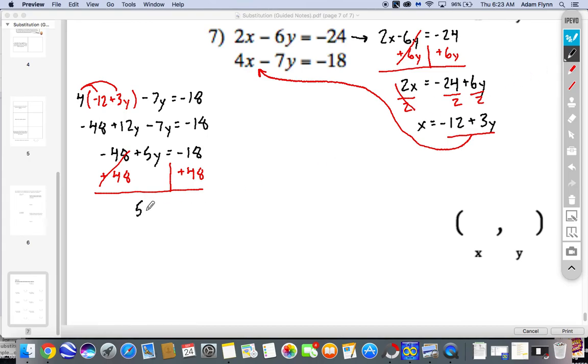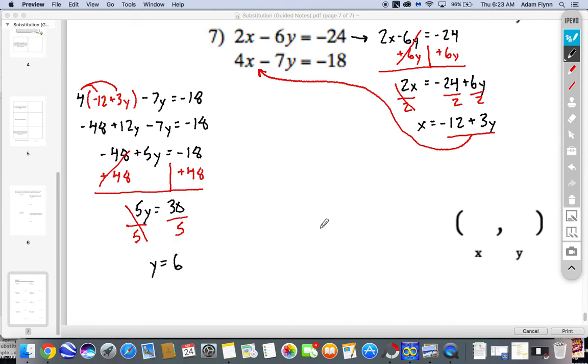So I'm left with 5y on the left side equals negative 18 plus 48 on the right side. So negative 18 plus 48 is going to be a positive 30. At this point, I can divide everything by 5 to get that y by itself. So I end up with y equals 30 divided by 5, which of course is 6.